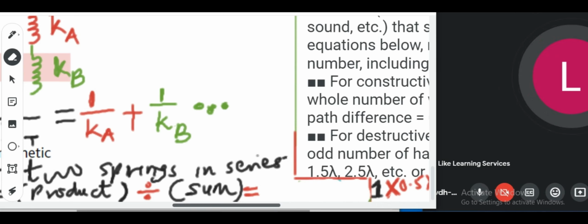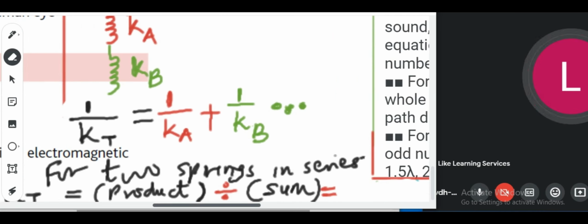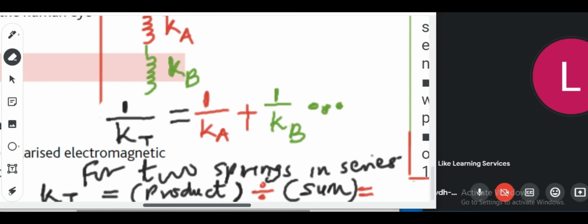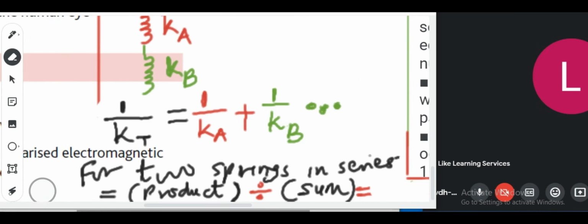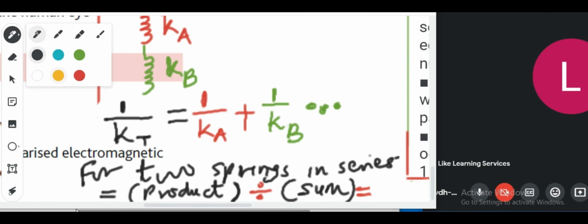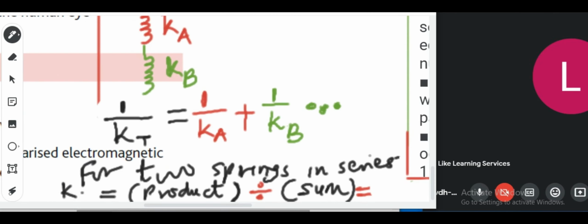I said for two springs in series, the total spring constant, K total, is simply product over sum.